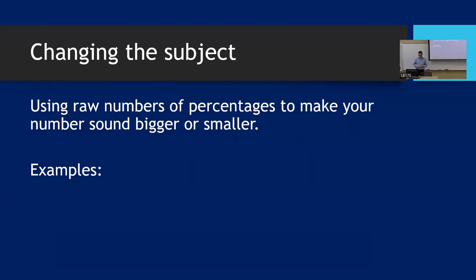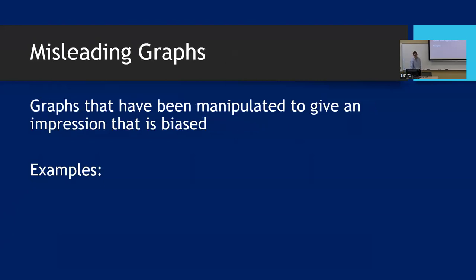You can use other methods as well, but changing the subject means if you talk about it in one way, it makes the numbers sound big, but if you talk about it in another way, it makes the numbers sound small. All right. And we've looked at that as well.